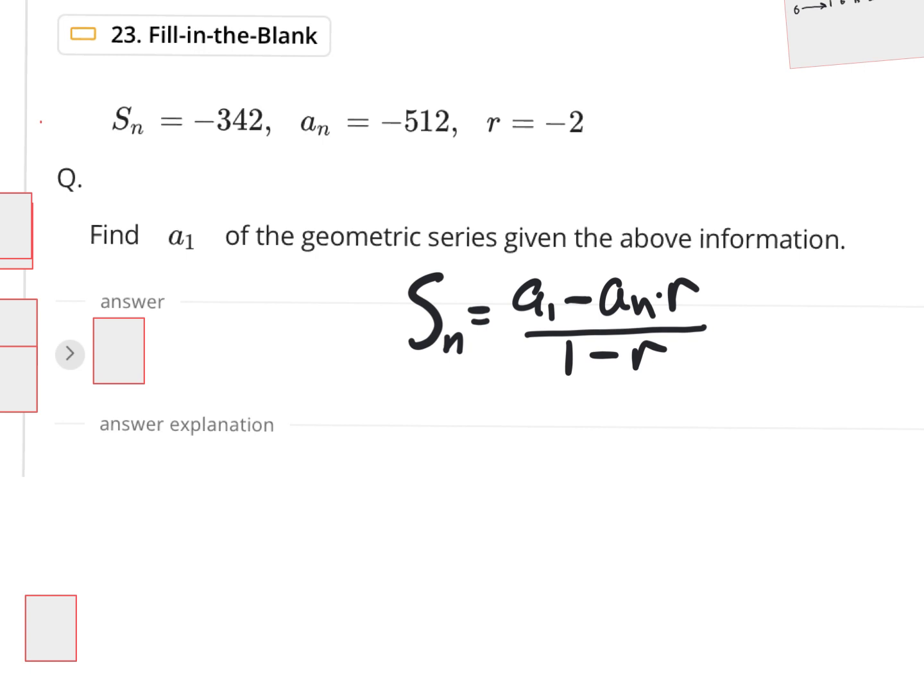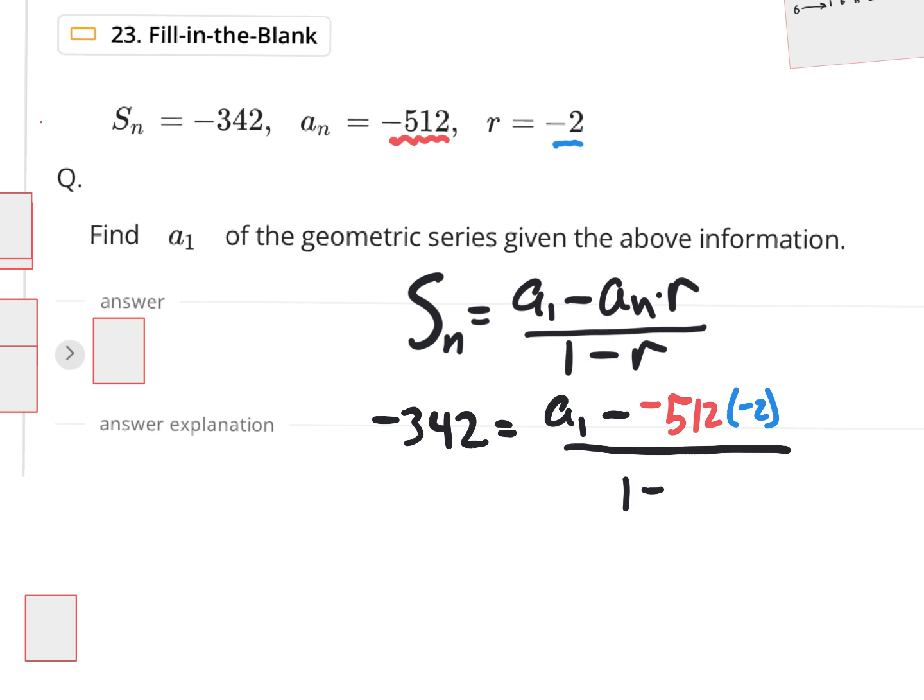We know that the summation will be negative 342, equaling a sub 1, which you do not know, minus a sub n. A sub n is negative 512. We still need to multiply it by r, which is negative 2. And this is divided by 1 minus r, which is negative 2.